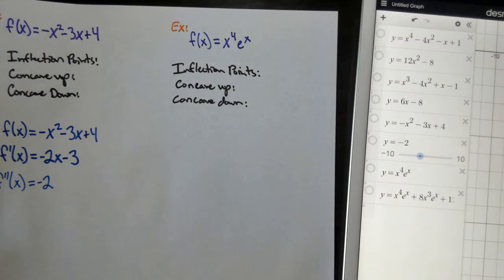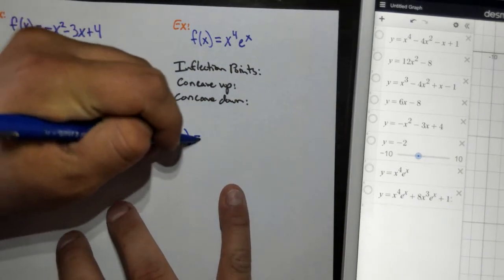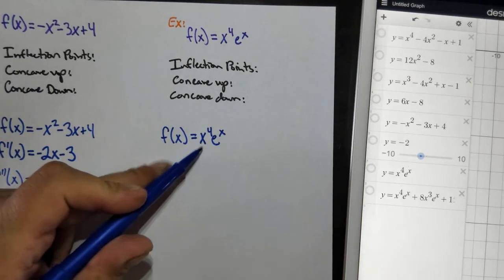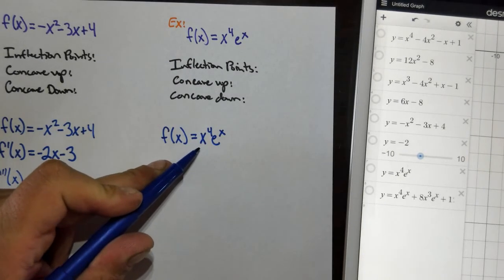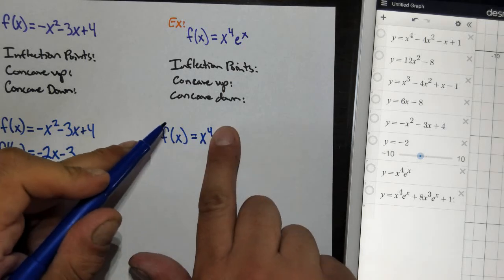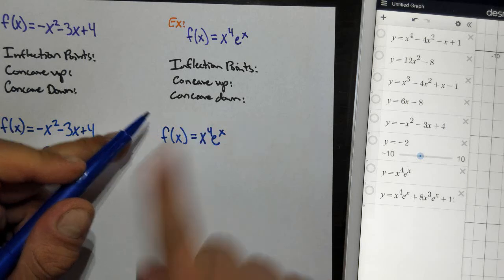F of x equals x to the fourth times e to the x. So again, let's go ahead and find the second derivative. This is going to be an example where we're going to have to use the product rule, our good old friend, because we have an x and we have multiplied to something with an x in it.